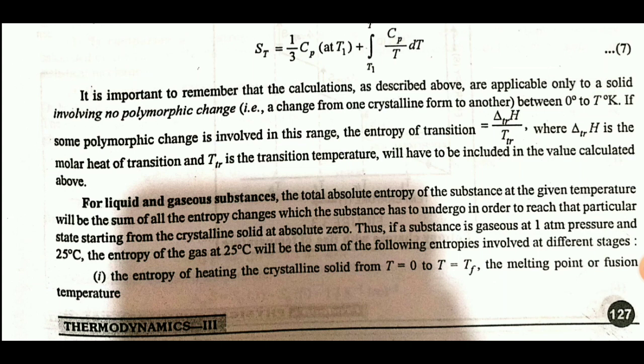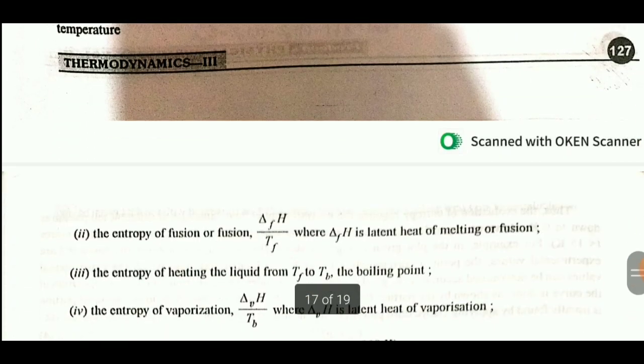Thus, if a substance is gaseous at 1 atm pressure and 25 degrees Celsius, the entropy of the gas at 25 degrees Celsius will be the sum of the following entropies involved at different stages. First, the entropy of heating the crystalline solid from T is equal to 0 to T is equal to Tf, the melting point or fusion temperature.